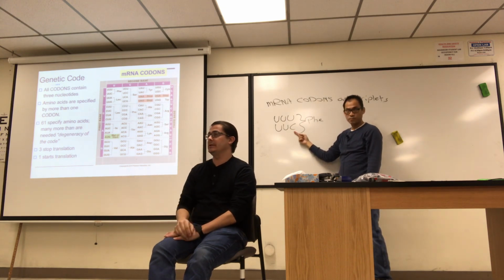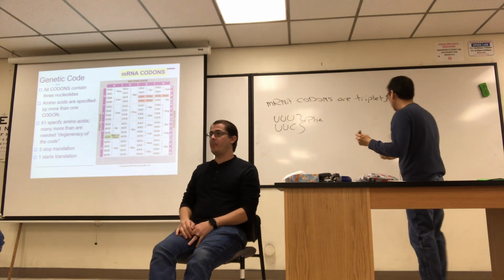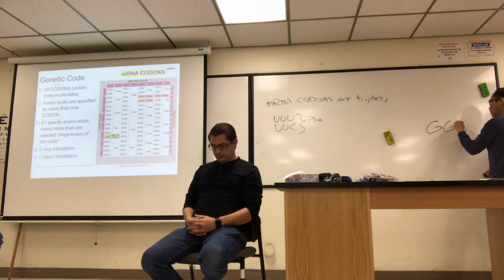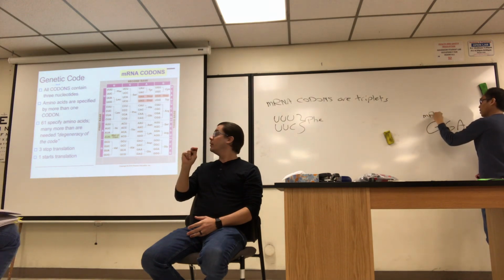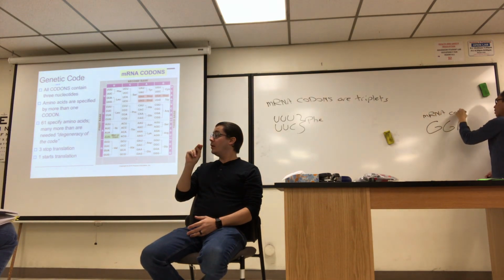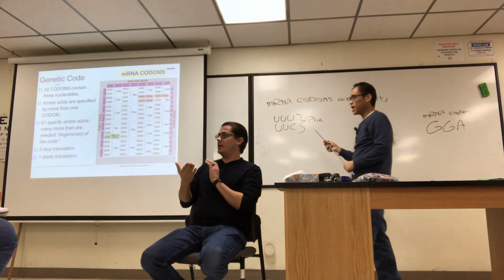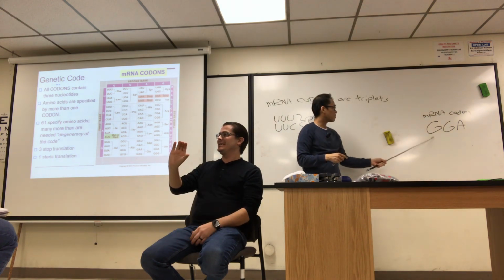So how you read this table is, let's say you have a codon of GGA. What's the first base of GGA? G is first.